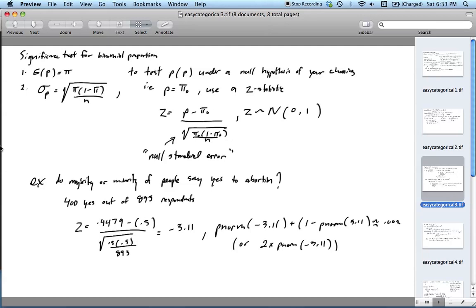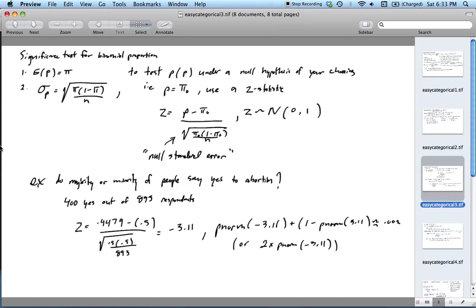So to test P, under a null hypothesis of your choosing, for example, that pi is equal to pi naught, you just use a simple Z statistic.